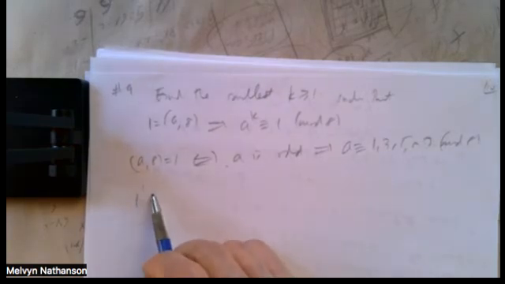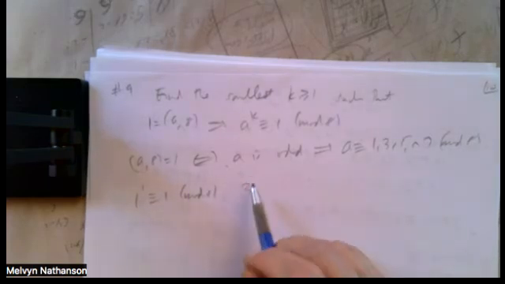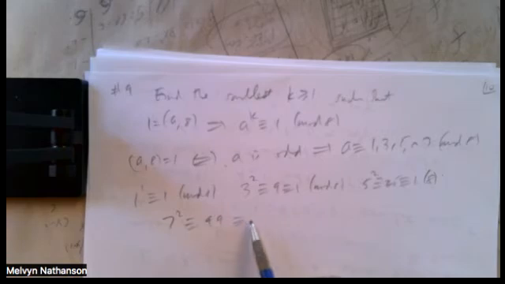1 to the first power is 1 mod 8, of course. 3 squared is 9, which is congruent to 1 mod 8. 5 squared is 25, also congruent to 1 mod 8. And 7 squared is 49, also congruent to 1 mod 8. So that means a squared is congruent to 1 mod 8 for all a such that a and 8 are relatively prime.